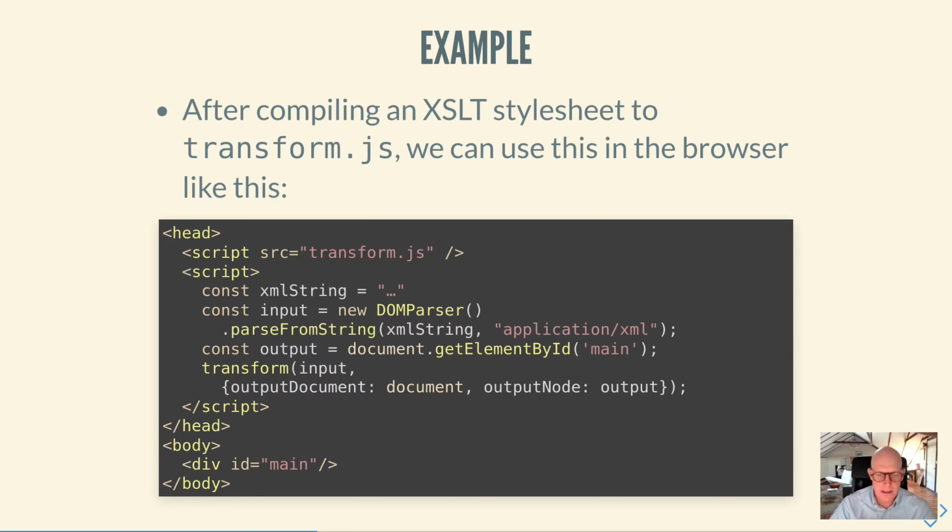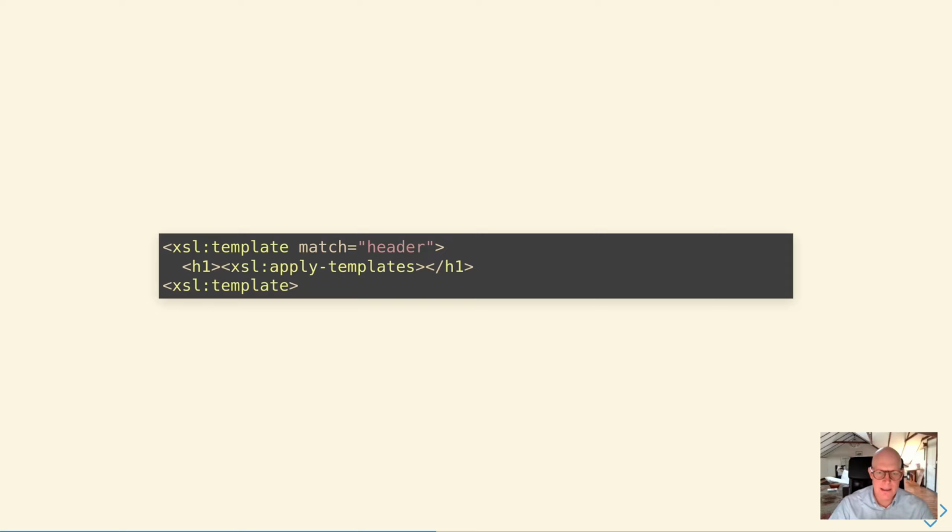This is just an example of what the XSL compilation process looks like. This is a very simple template. You can see we've got a header. It's matching a header element in an XML file, and it's outputting an H1 HTML element, and then whatever the apply templates to the child nodes of the header.